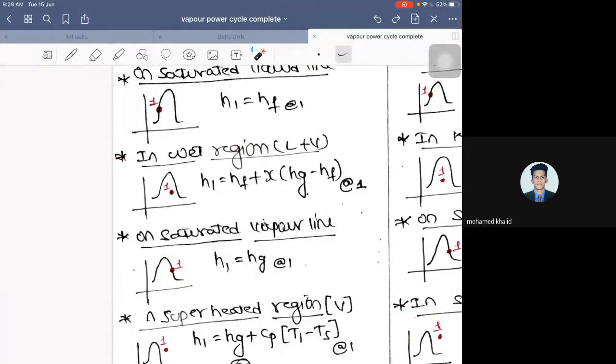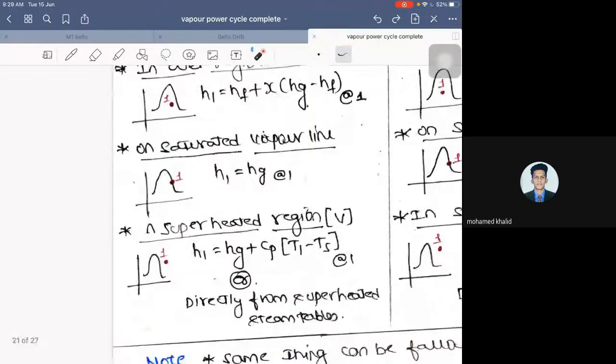Now, what if my state point is in the superheated region? That means it is completely vapor, but it is superheated. In that case, you have two options. Either you can use the formula H1 equals Hg plus Cp into (T1 minus Ts). This is not T5, this is Ts, the saturation temperature.